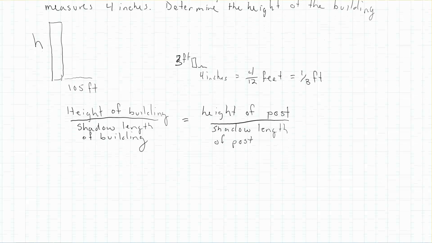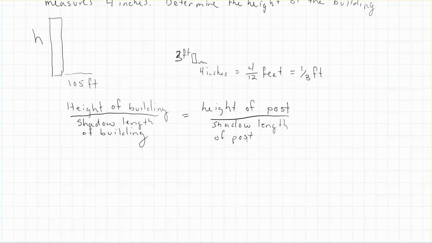So if I do that here, the height of the building is h, that's what I don't know, over 105 feet is equal to the height of the post, which is 3, over 1/3. Now, doing the complex fraction, you'd get h over 105 is equal to 9, because you would flip that 1/3 and multiply, so you'd have 3 times 3.